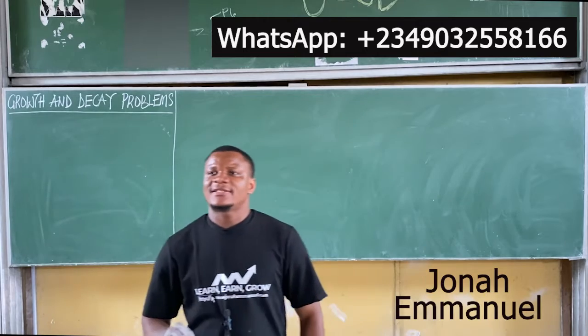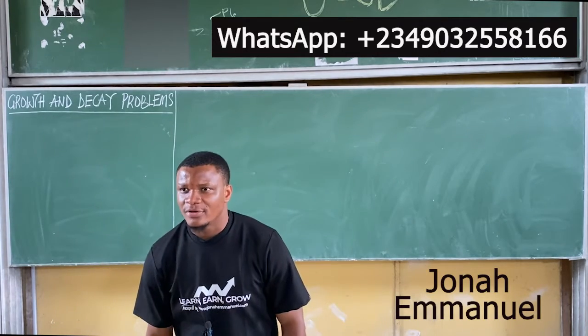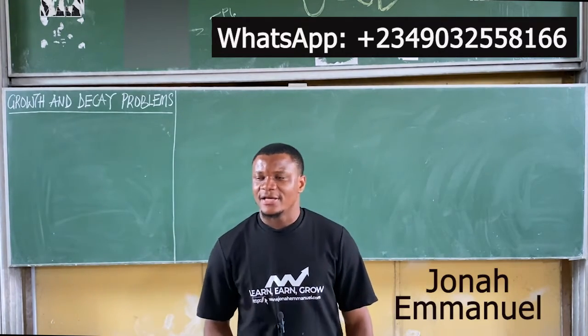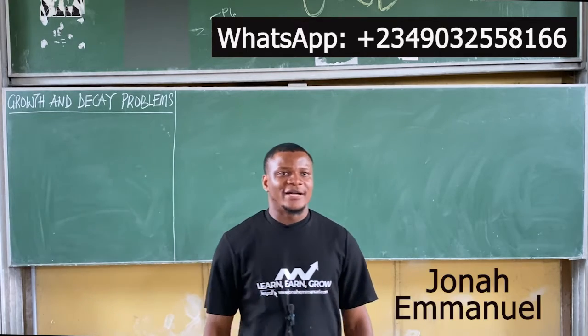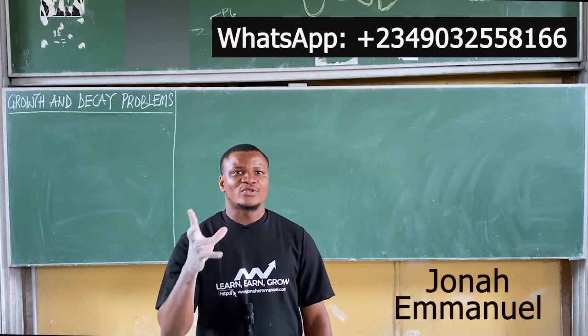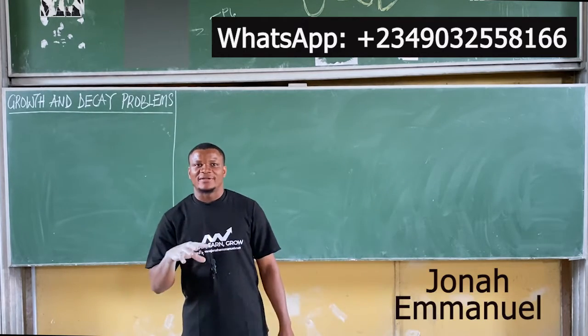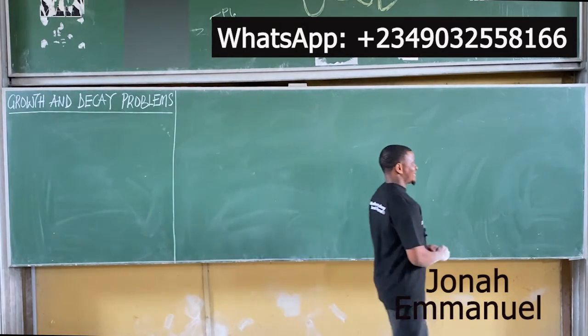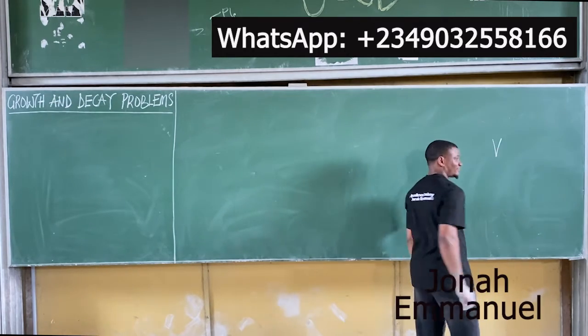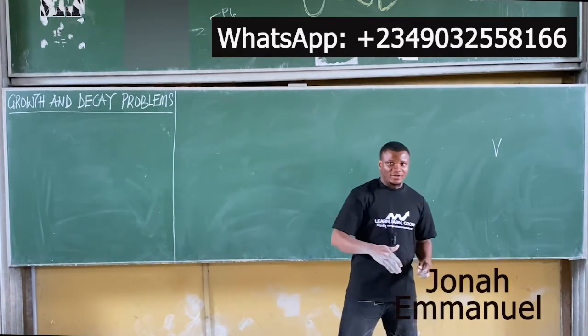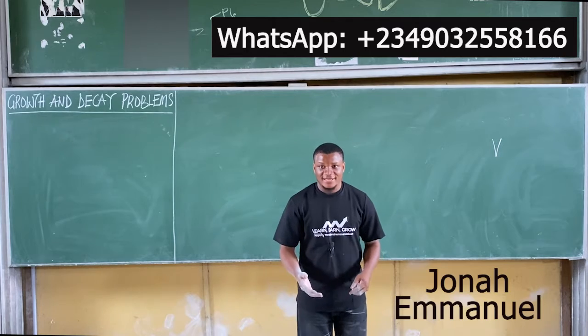X. If I say the rate of growth, how do you express rate in terms of mathematics? When we say rate, what comes to mind? Let's use velocity. What is velocity? The rate of change of what there? Distance.